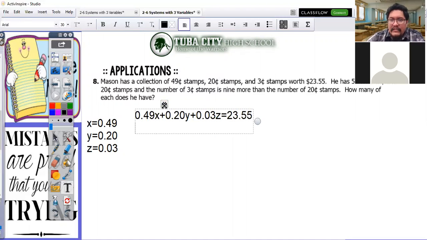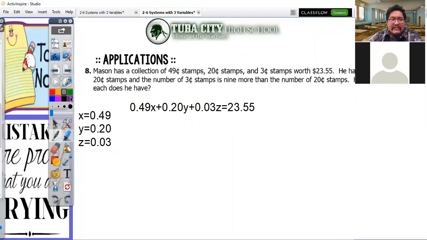Okay, next equation. It says he has 56 total 49 and 20-cent stamps, and the number of 3-cent stamps is 9 more than the number of 20-cent stamps. So that's one big long sentence. And this one's tricky for another reason, because if you know anything about English, these are called conjunctions.